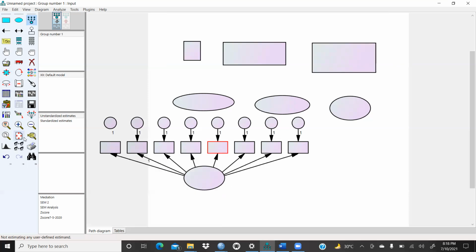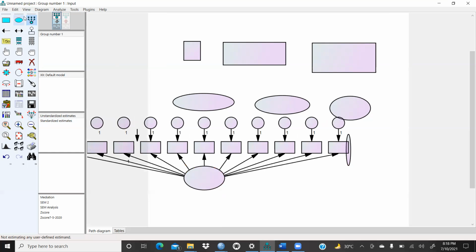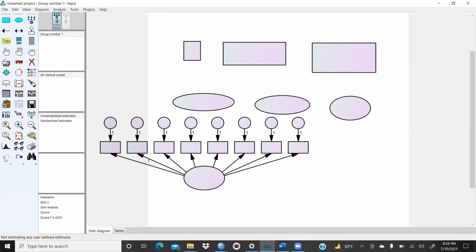Let's say select complete, right? See here. Now, what we have to do, this one is R.